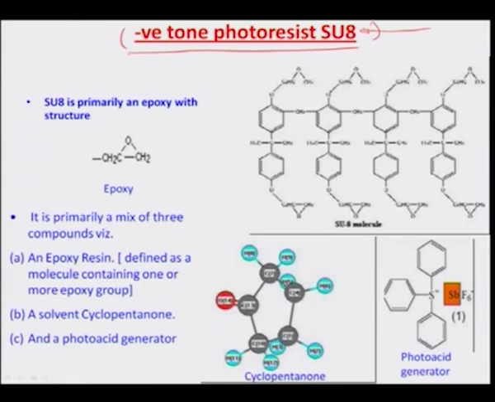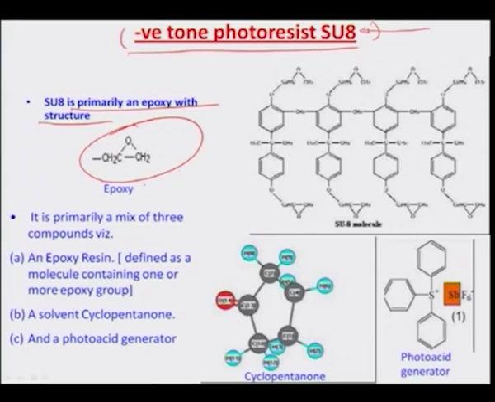As you go to the higher grade of the resist, the resist becomes thicker and more viscous, and so you can have a thicker film spun, or thicker features realized, with the higher grade of the resist, and thinner features when you go towards the lower grade. So, what is the constituent of SU8? Basically, SU8 primarily is an epoxy with a structure like this, and this is a C-O-C bond which typically looks like the epoxy group.